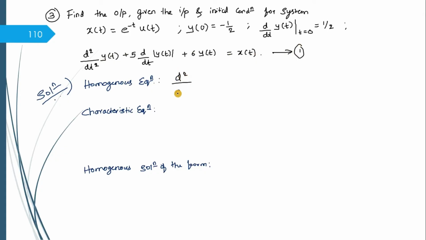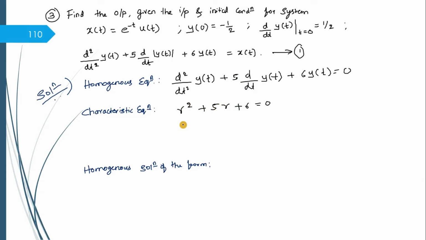d square by dt square y of t plus 5 d by dt y of t plus 6 y of t, I have to make it 0. So this is the homogeneous equation. Now the characteristic equation: replace d by dt with r, giving r square plus 5r plus 6 equal to 0.